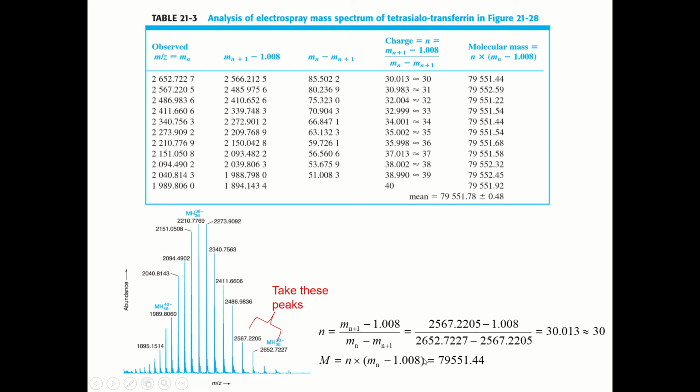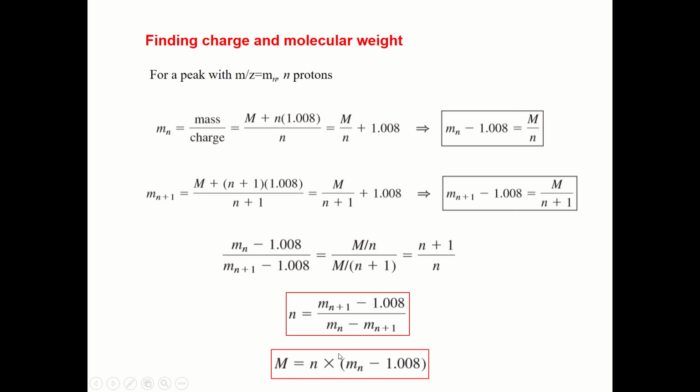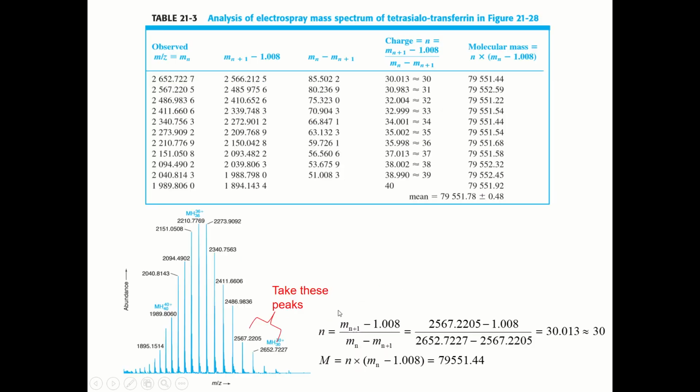We simply apply this formula, where n is the number of protons. Let's take this peak as a reference, and n equals this mass number minus 1.008, divided by this mass number minus this mass number.